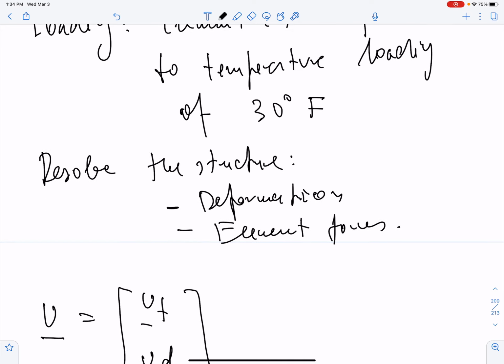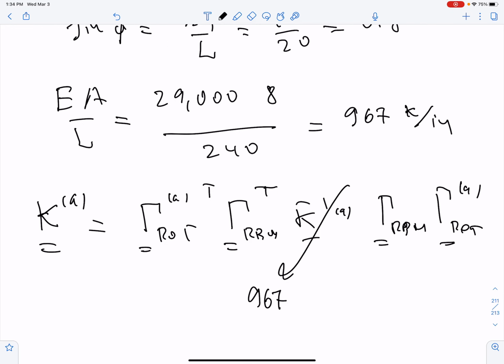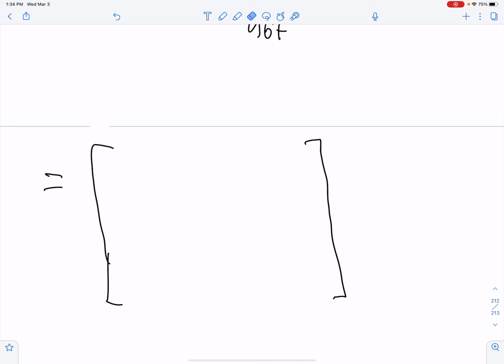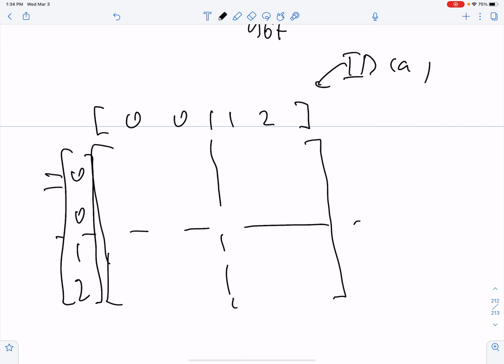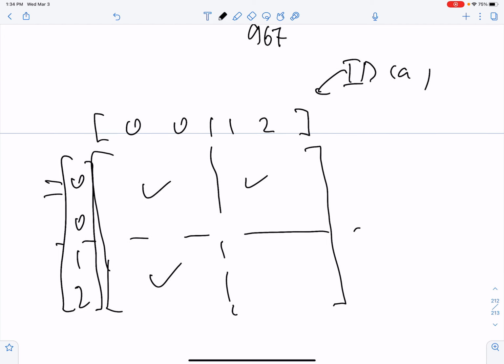If you write down the ID array on top of the matrix and on the side, you get 0, 0, 1, 2, and likewise 0, 0, 1, 2. This is the ID for element A. So you don't particularly care about the entries here, here, or here. All you care about is this lower 2x2 block.